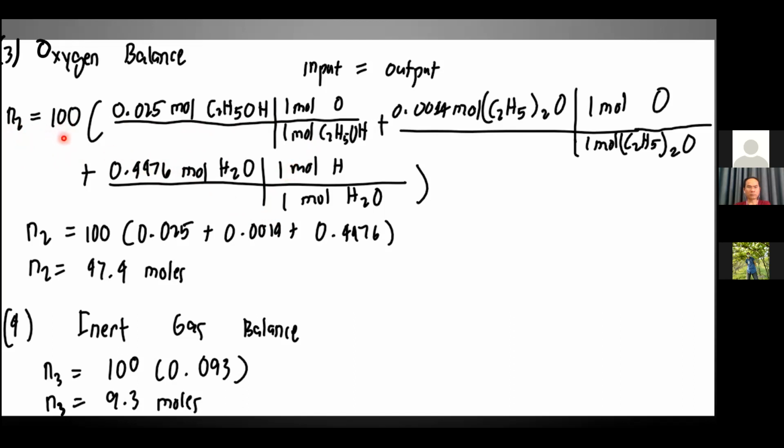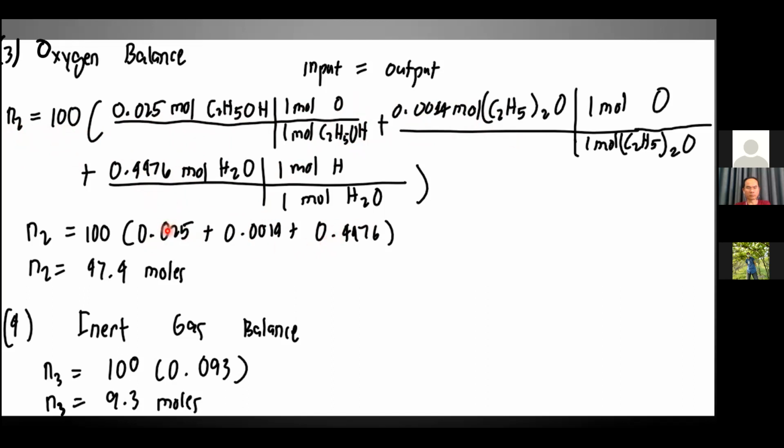There's this total amount of moles, I mean the product. And then here's the molar fraction of each compound. We're going to count how many moles of oxygen are in each compound, and then multiply it to the molar fraction.